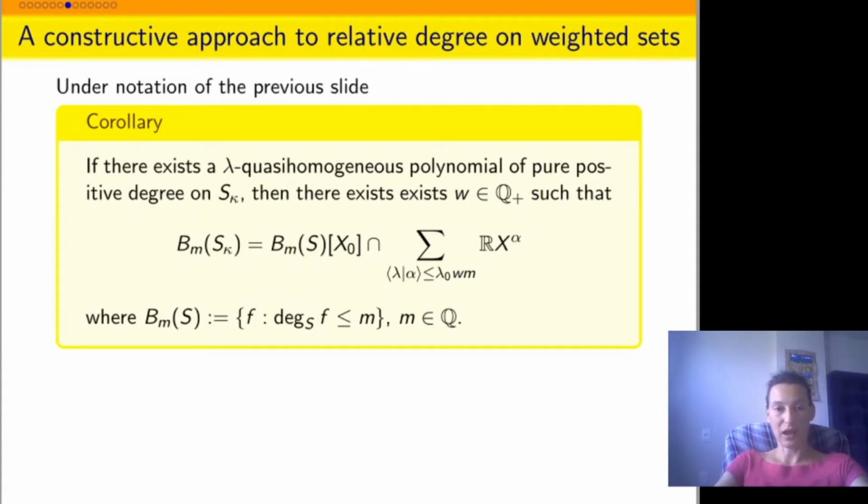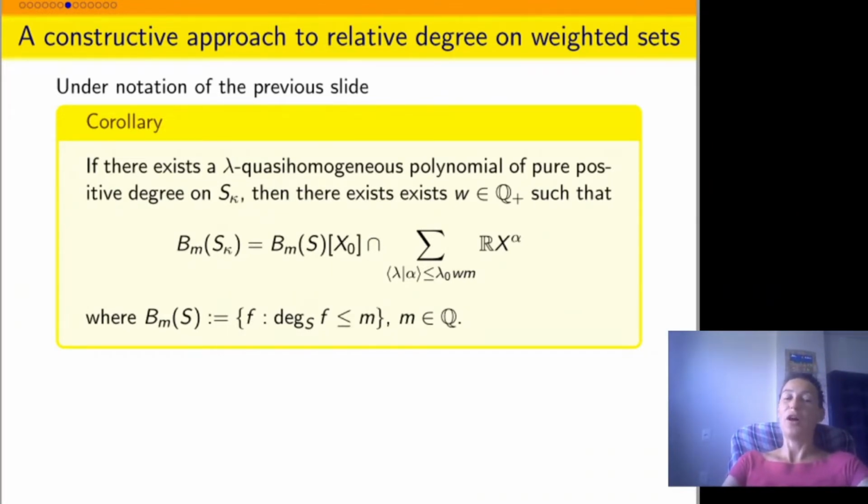Well, not a half space. Yes, it's a half space. I'm sorry. Intersected with this half space spanned by all monomials that satisfy this inequality. What is this degree m module on S?